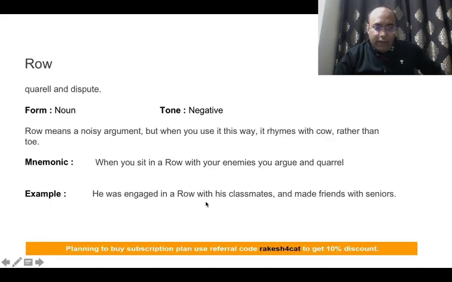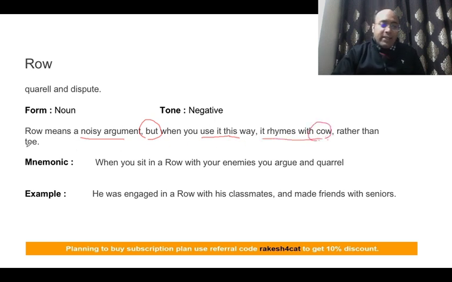All right, so let's go further. And what we see here is quarrel and dispute. So row means a noisy argument, but when you use it this way, it rhymes with cows. That's what we were doing, right? And the other pronunciation is like toe. So that will be row. That is a queue, a line, right?